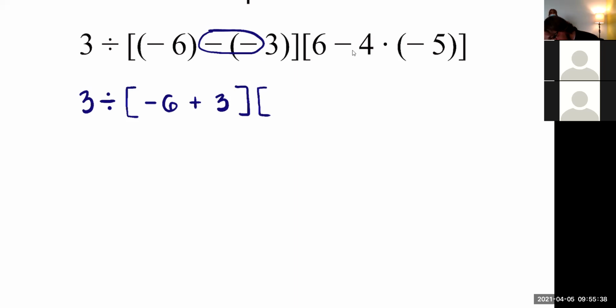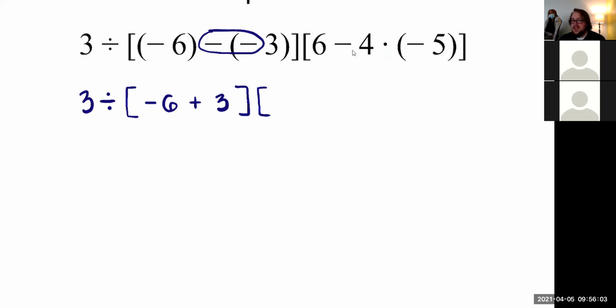Let's see if we can do any cleaning in the second set of brackets. In there, I see 6 minus 4 times a -5. The parentheses, like I said earlier, is really just helping us remember that this 5 is in fact negative. So the question technically is, am I going to do this multiplication first, or am I going to do the subtraction?